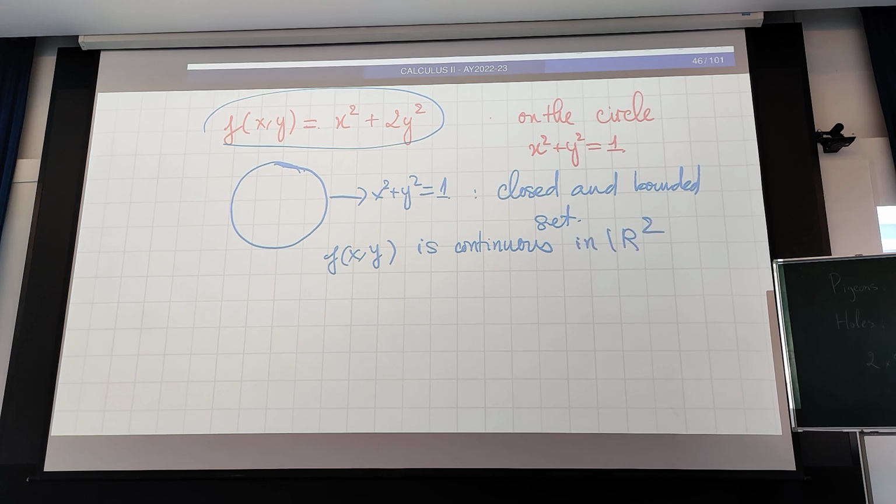So it satisfies the assumption of the previous theorem, then a global extremum exists. By global extrema, I mean global maximum and global minimum, not only one of them, right?